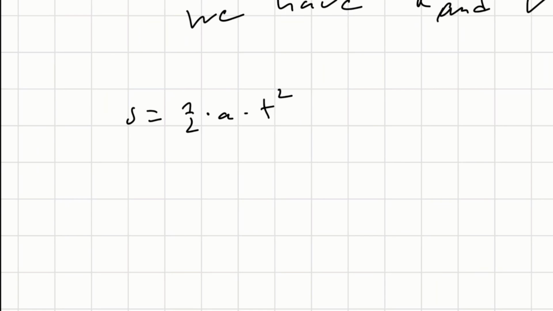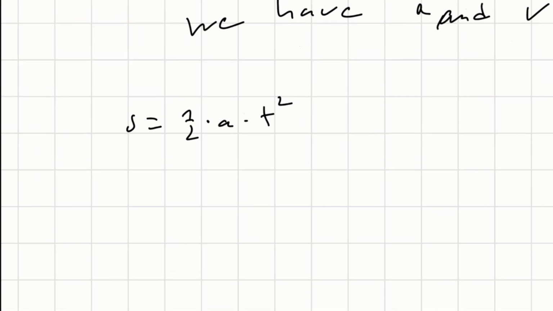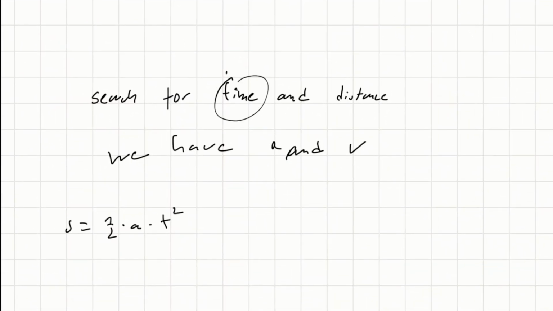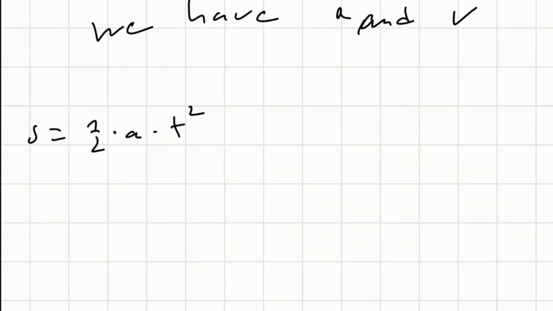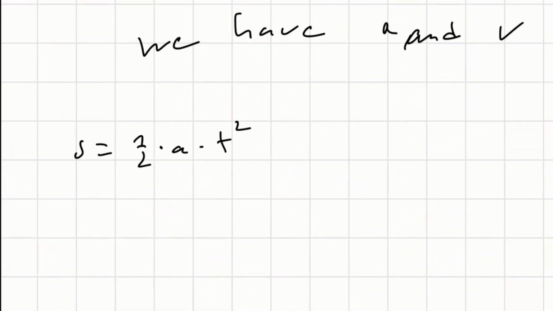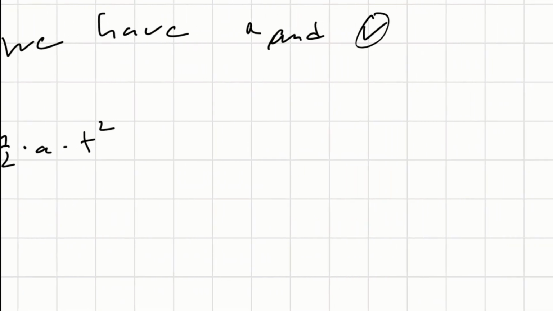Let's try to do some algebra and try to get those two variables. What could we work with? We have speed. So let's try to remember what speed is. We know speed is nothing else than distance divided by time. But oh no, we don't have the distance, so this formula won't work. But let's try to think again.